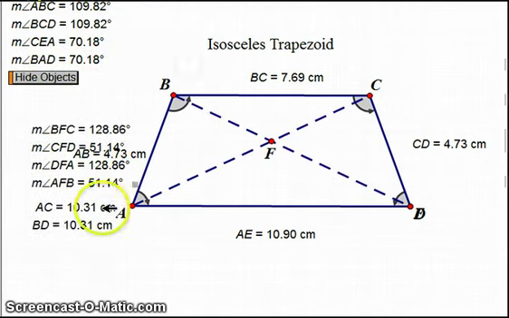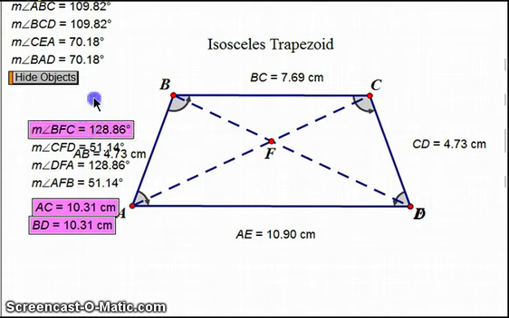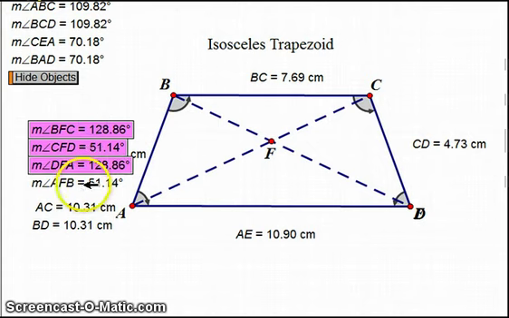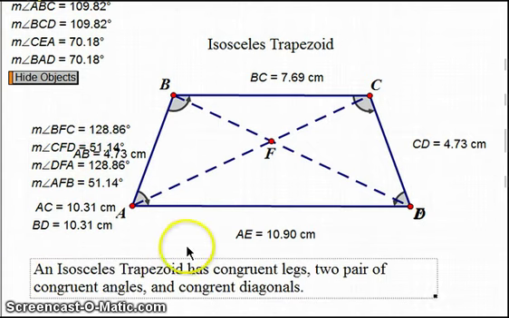As you can see, the diagonals of an isosceles trapezoid are also congruent, but the angles aren't as interesting. If I've been saying triangle, I apologize. I should be saying trapezoid. So this isosceles trapezoid has congruent legs, two pairs of congruent angles, and congruent diagonals.